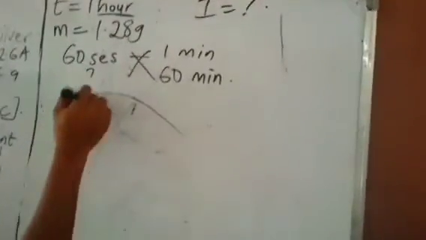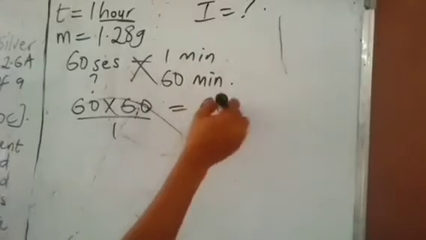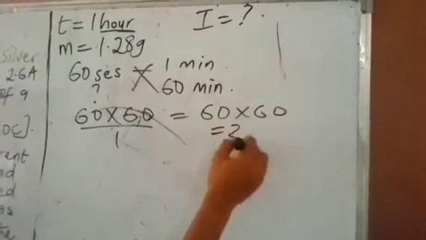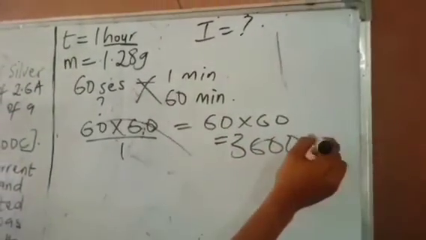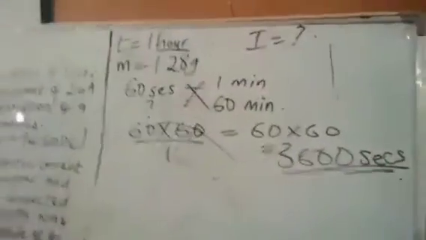So we have 60 times 60 divided by 1, which is automatically 60 times 60, 3,600 seconds for this one.